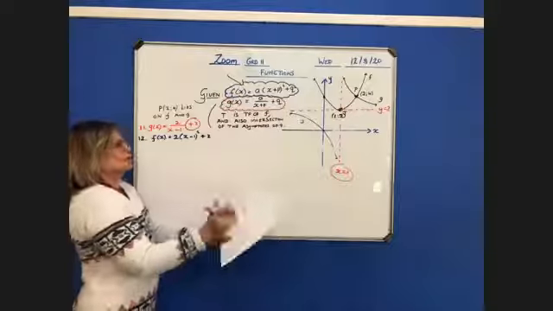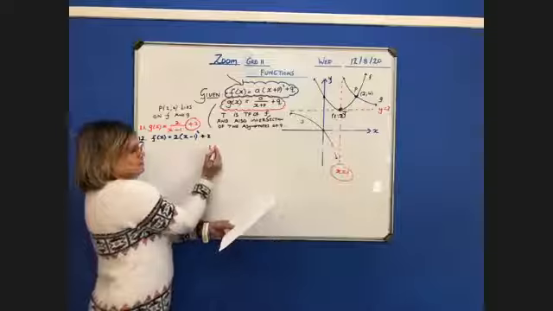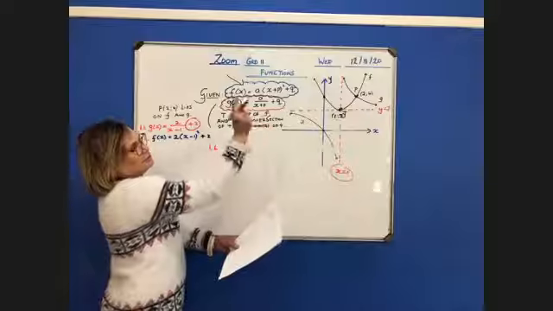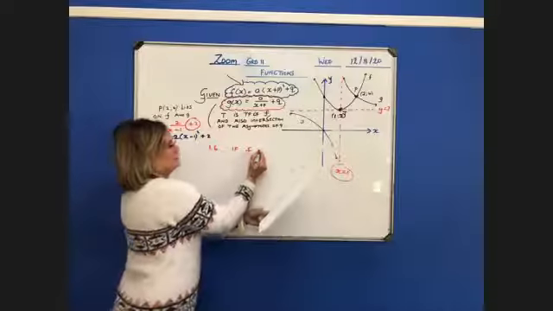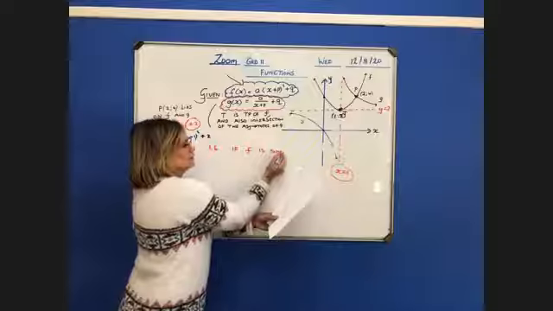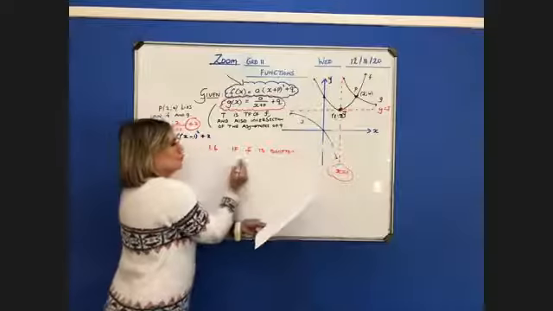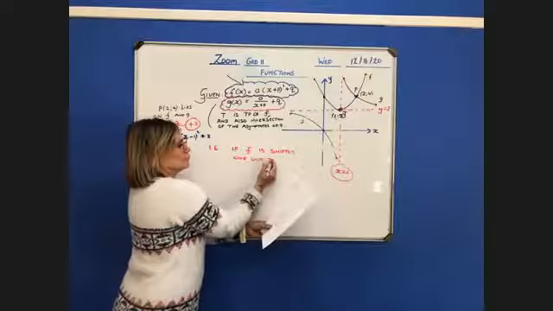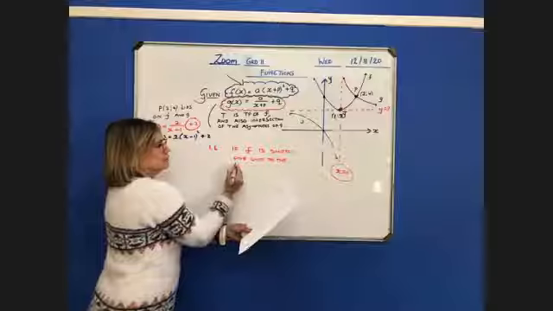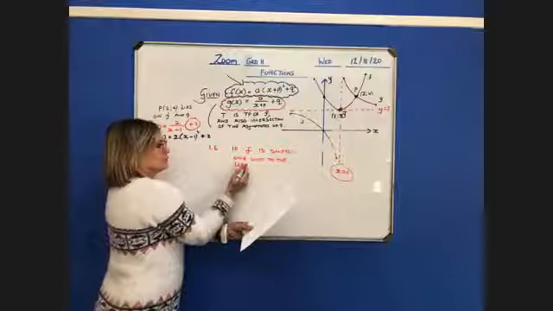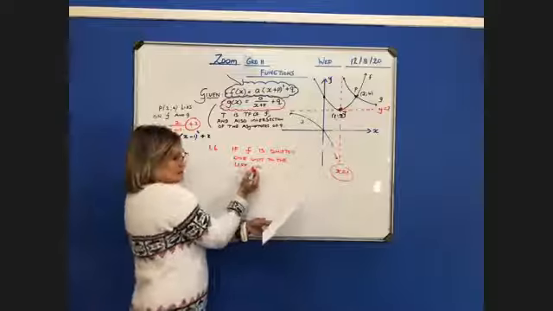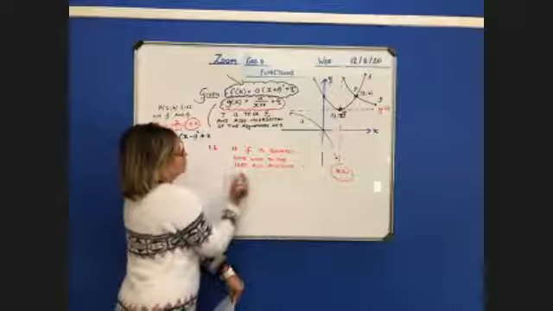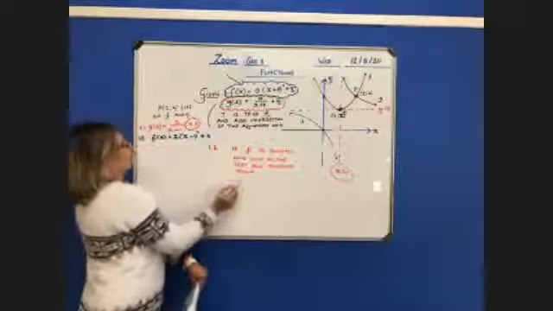The next, oh, look at this. Now, this would be 1.6. If the graph F, now remember, who's F? The parabola. If F is shifted 1 unit to the left, what else? 2 units down, all right?